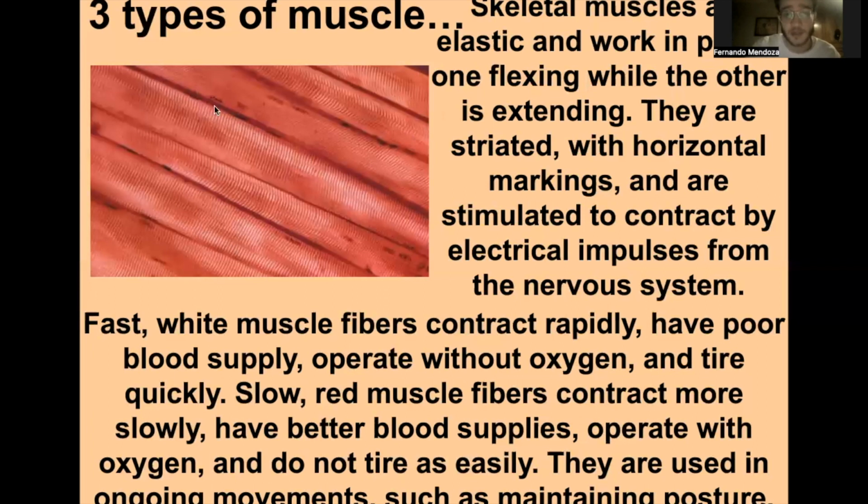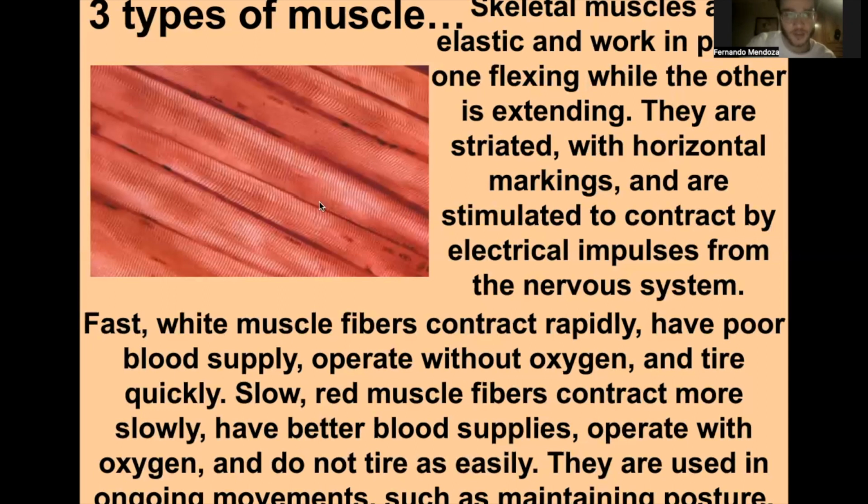This is a real image of how these muscle cells look, and we can see these striated marks, they are the darker ones. These striated marks are these ones here, and we can see them all along the length of this muscle.